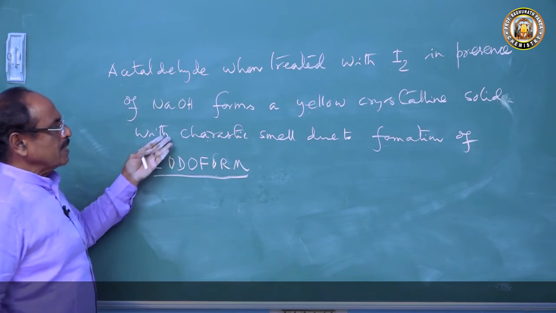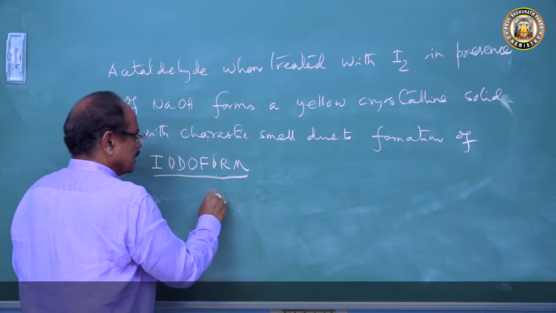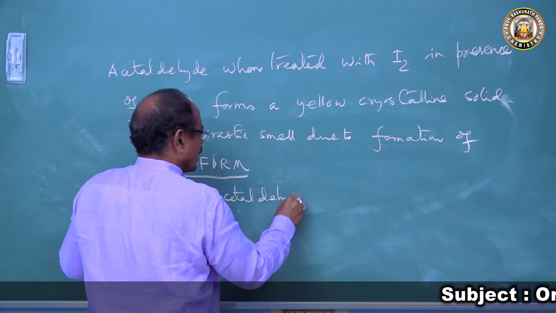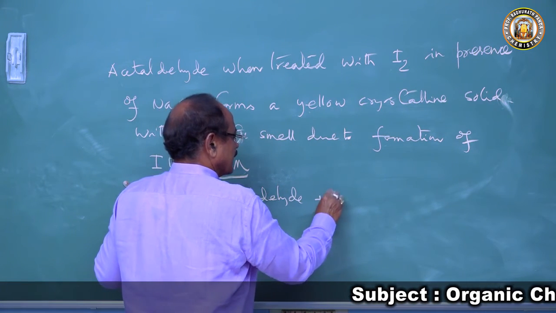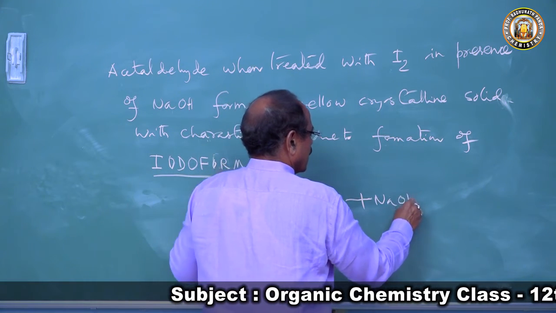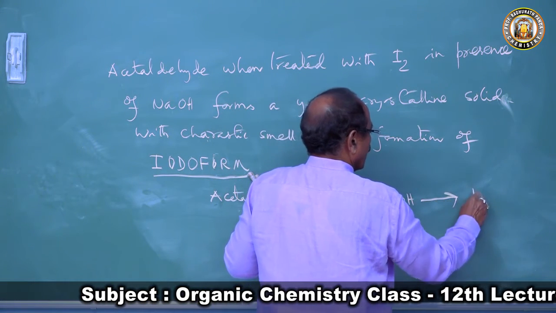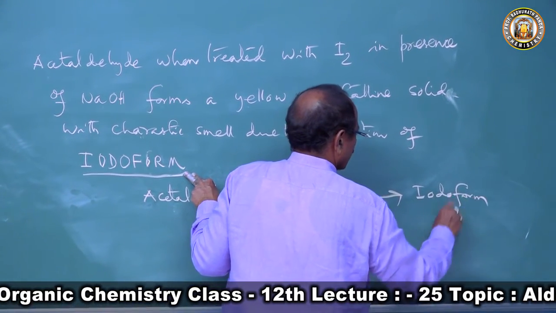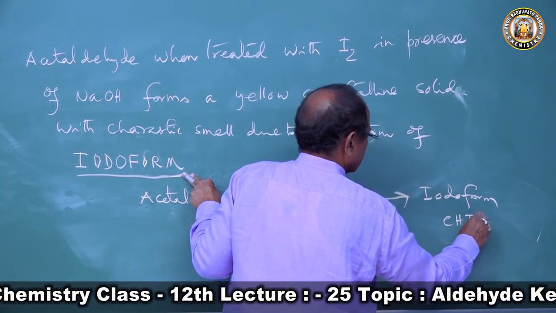If you take acetaldehyde and treat it with iodine in the presence of sodium hydroxide or any alkali, it forms iodoform, CHI3.